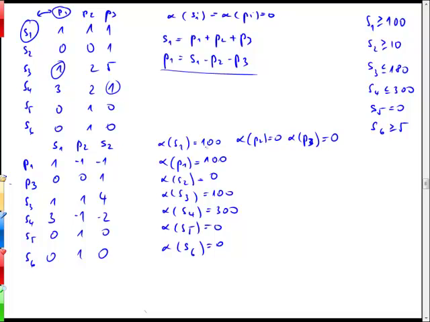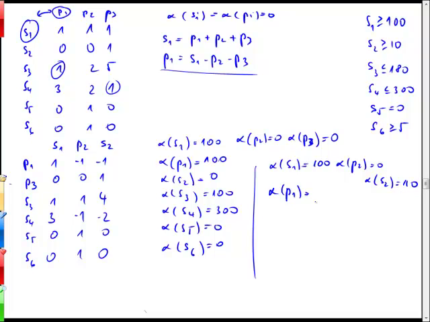The value of S1 doesn't change, and of P2 also not, but now I have S2 pulled into its bounds. So S1 is still 100, P2 is still 0, but now S2 has the value 10. And I recompute the rows.